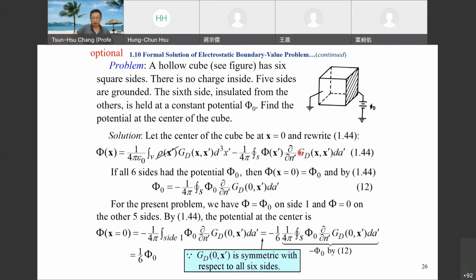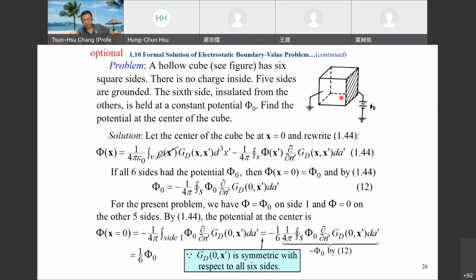And the Green function for this rectangular box is not easy at all. For a sphere, yeah, it's easy. For a rectangular hollow cube, not easy. For a cylinder, not easy.